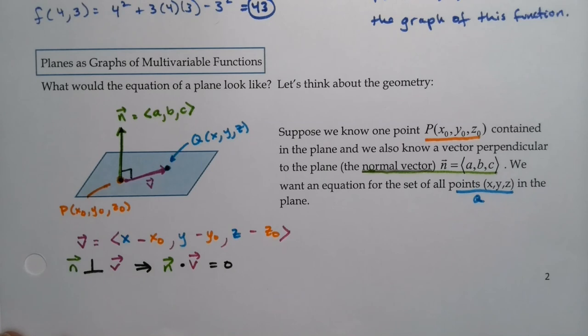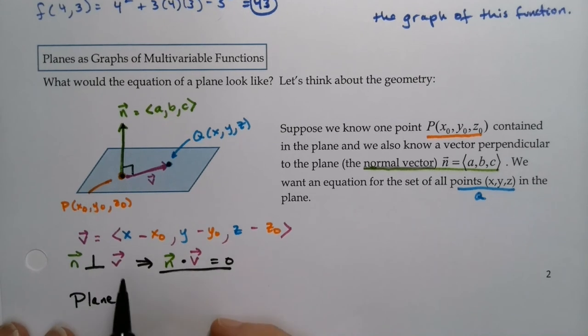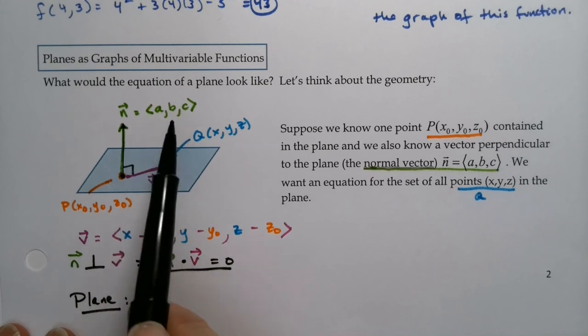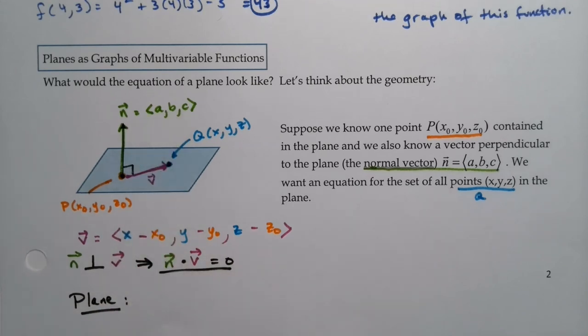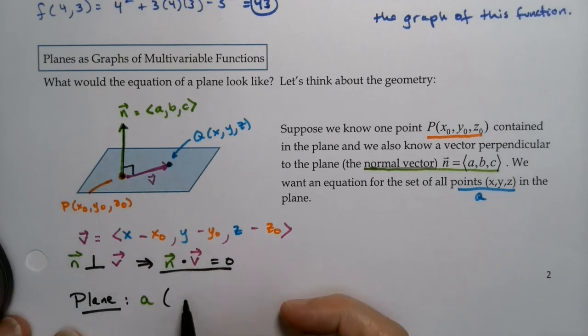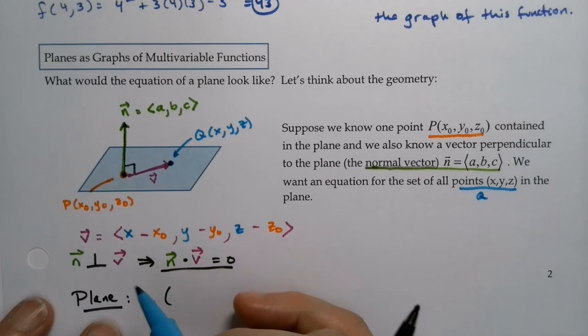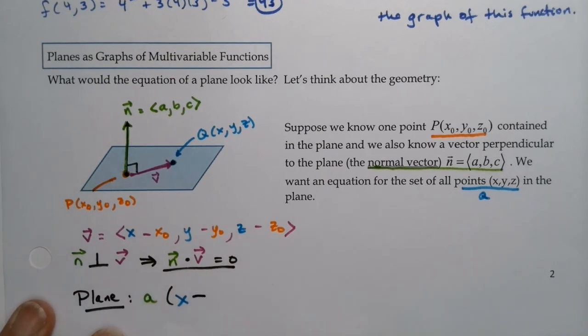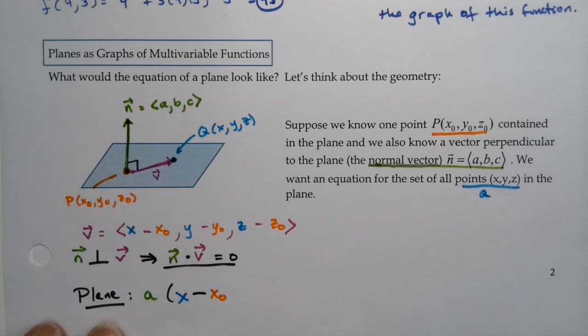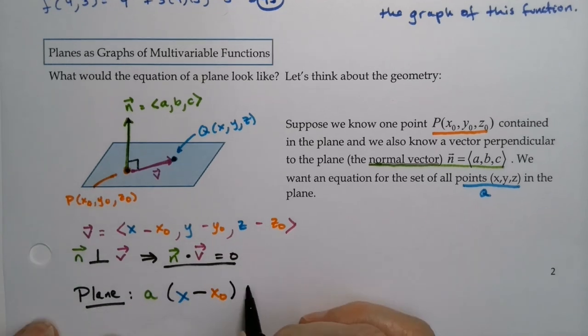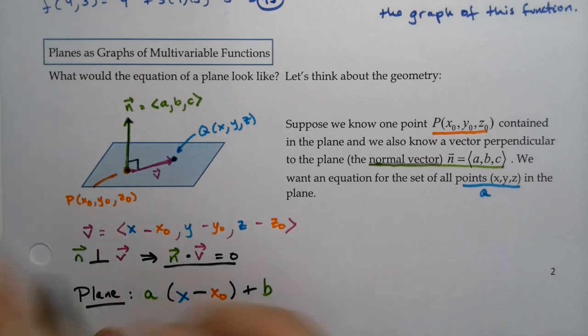All right, therefore, how will the plane work? Well, let's write down that dot product. The equation of a plane uses this piece right here. N is the vector a, b, c. So the dot product works out as a, the a value times x minus x0, that's the dot product for the i components, plus b times the component for that, and then c here.